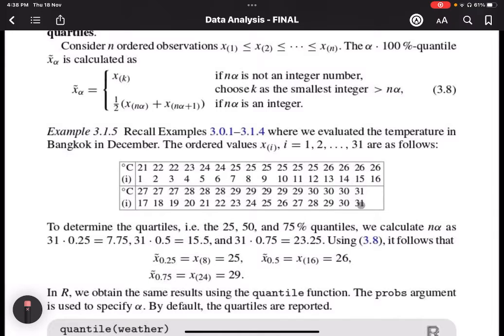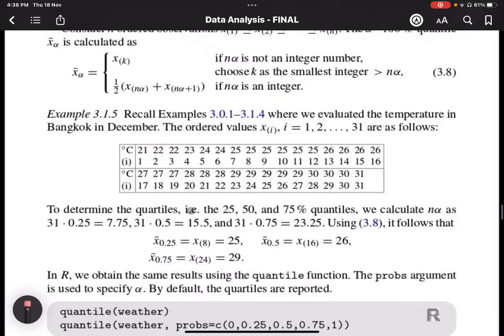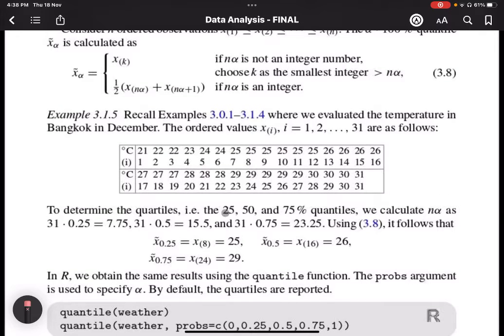Number of observations, 31. Okay? Lowest natin is 21, highest is 31 degrees. So, to determine the quartiles, pag sinabing quartiles, quarterly, so 25, 50, 75, and then 100.